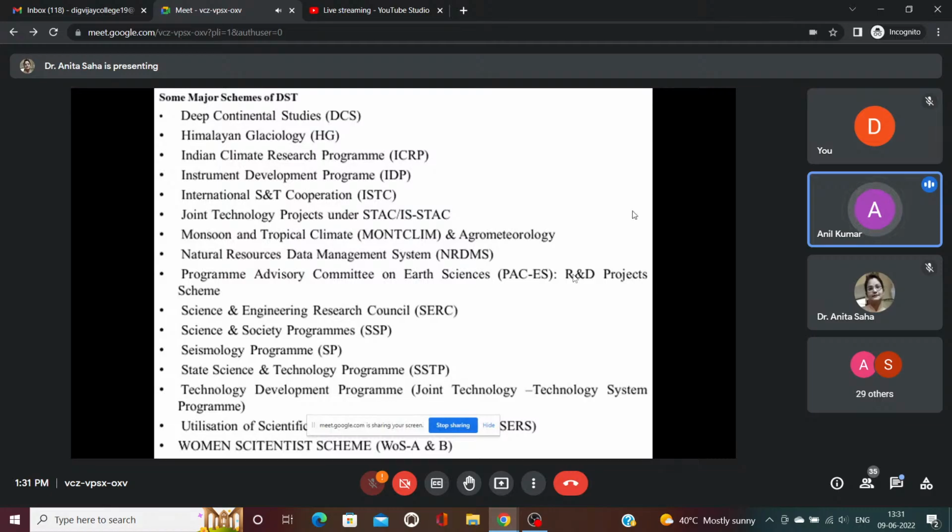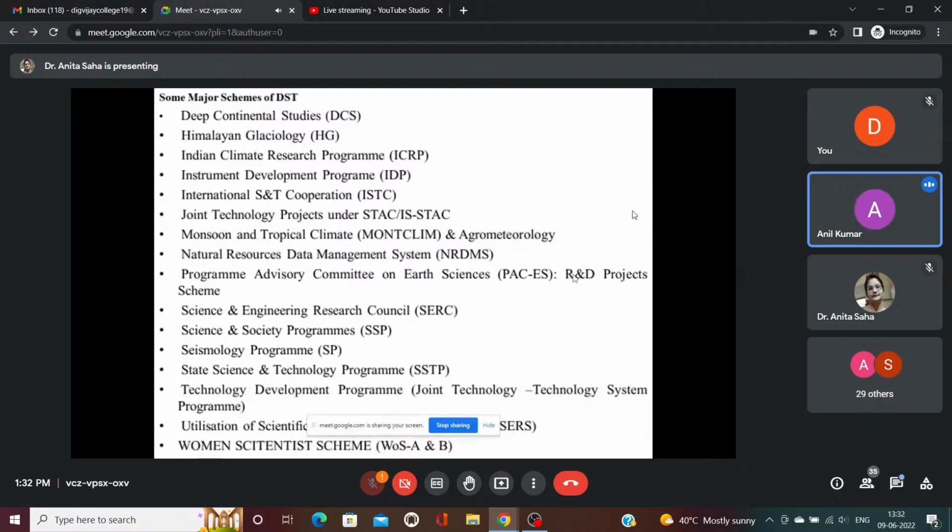The best example is the NRDMS scheme. The NRDMS scheme aims at societal development, societal service or societal benefit with the help of scientific applications. So the researchers from the field of science and arts can collaborate with each other and thereafter can apply to this NRDMS scheme.